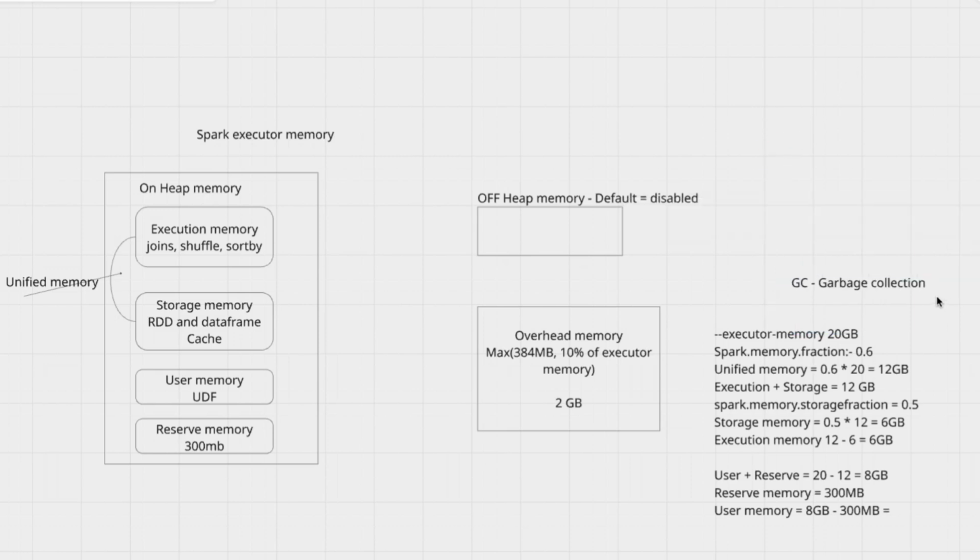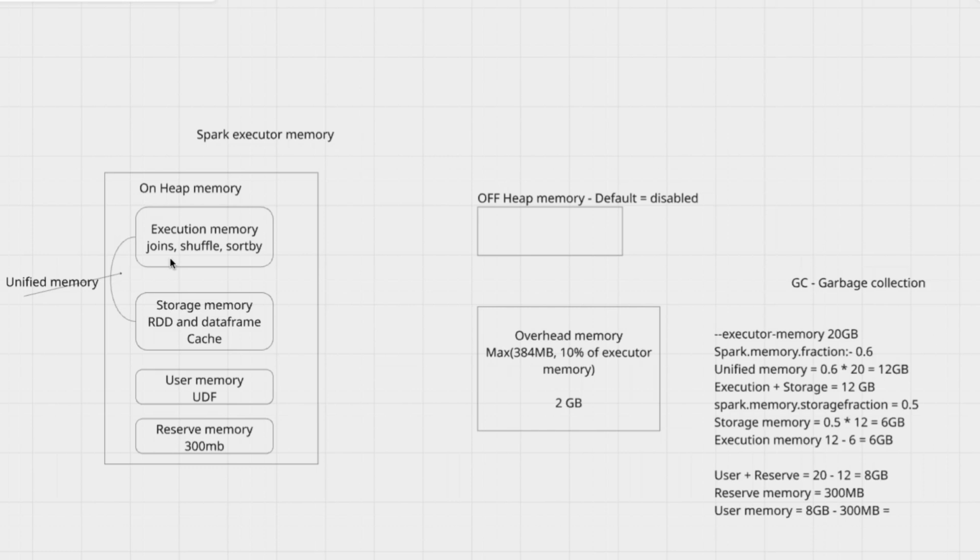The garbage collection cycle will start removing some of the on heap memory. This is done internally by Spark. We don't have to call the garbage collection, and then some memory will be evicted, and your Spark program will resume from there. Everything is done internally, we don't have to do anything. But in case your on heap memory is full and GC is triggered, the performance of Spark will be degraded a bit.